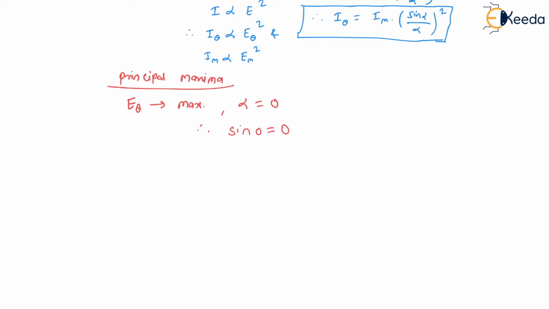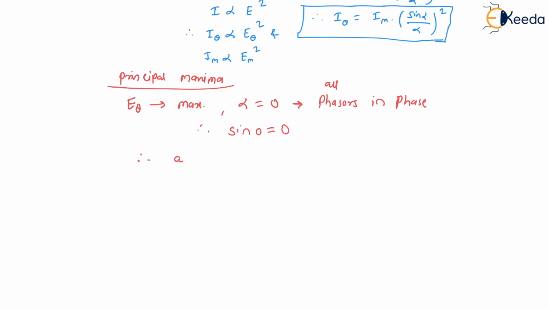Alpha equal to 0 means all the phasors are in phase. Whenever they are in phase, ultimately there will be a bright band.